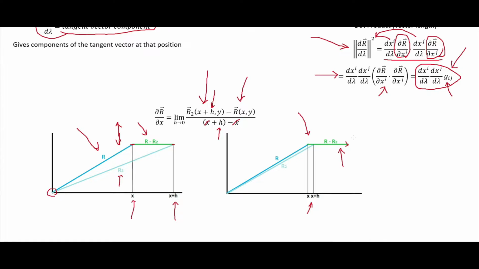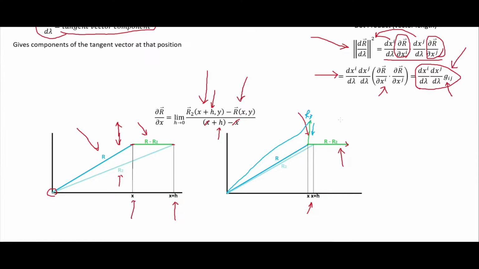And like I said, we could do the same thing. In fact, I'll even put that in green here. So we could do the same thing with y. So we could have some r sort of going up here. So maybe we could call that r3, and then sort of have that shrink in towards there.